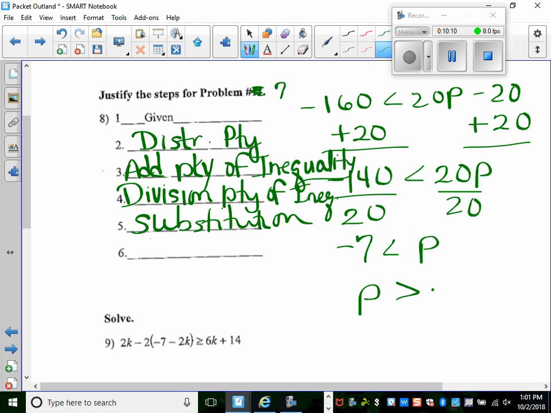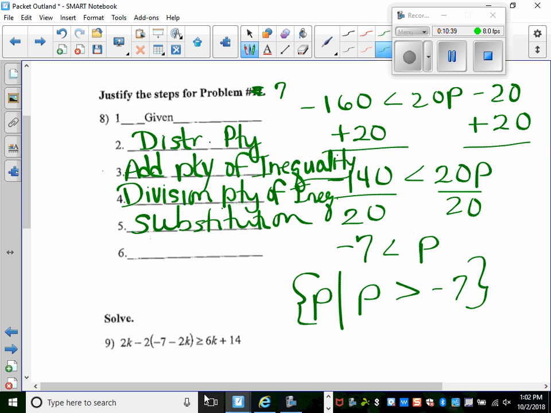You're going to flip the sign and then put it in set builder notation. Okay. So technically, by us moving from one side to the other, what tells you can flip-flop what's on each side is the symmetric property. Okay. Just FYI. All right, any questions on that?